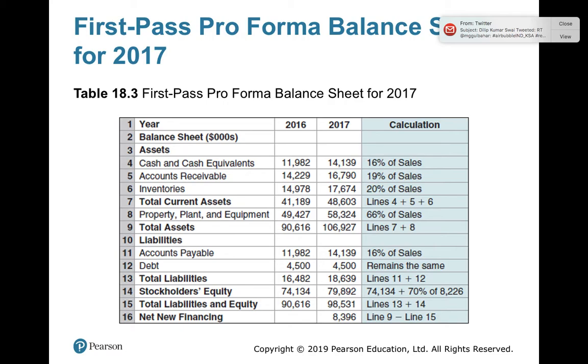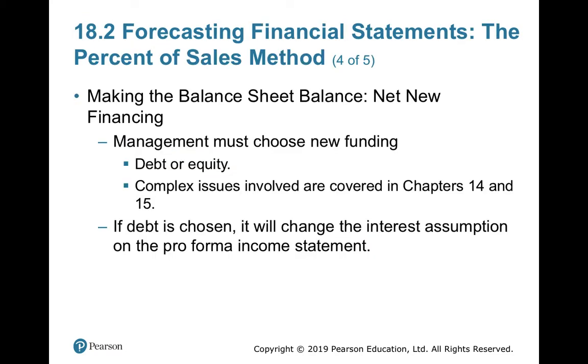So the difference between asset and liability is 8,396. That will be the new financing requirement. The new financing requirement for the company is 8,396 in 2017. I hope it is clear.